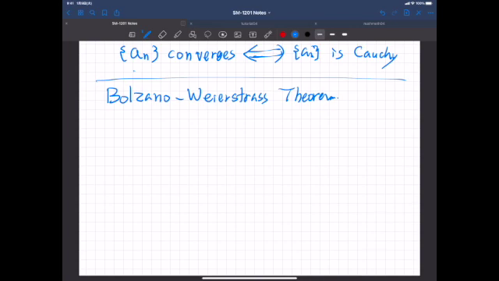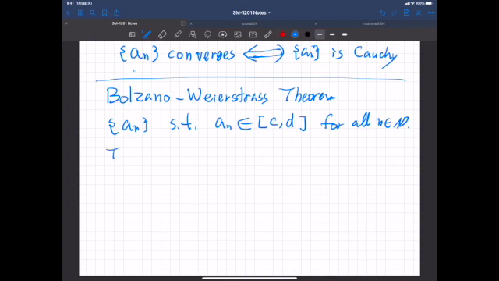Okay, here it is. Let a_n be a sequence such that a_n is within the closed interval between c and d for all n.